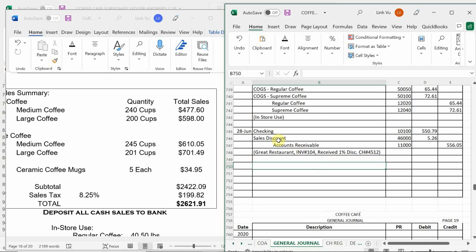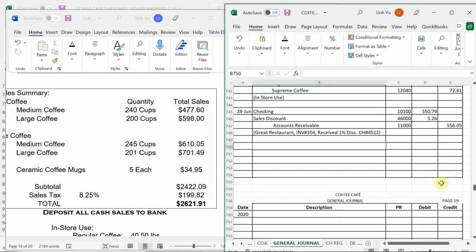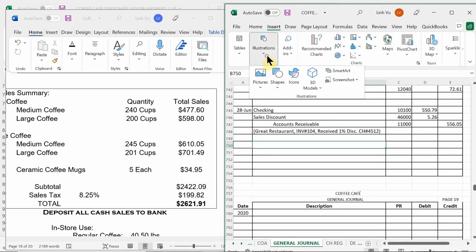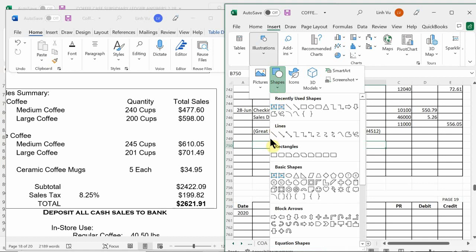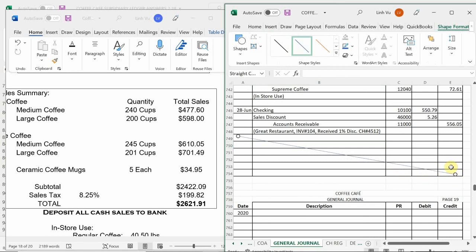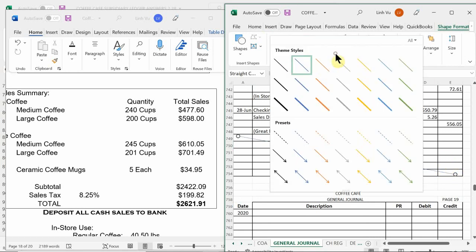In this case, there's no way that we're going to have enough space right here. But that is a huge gap for a possibility of someone putting in a transaction for themselves. So let's draw that line so we can prevent anyone from putting in any other extra information in here.